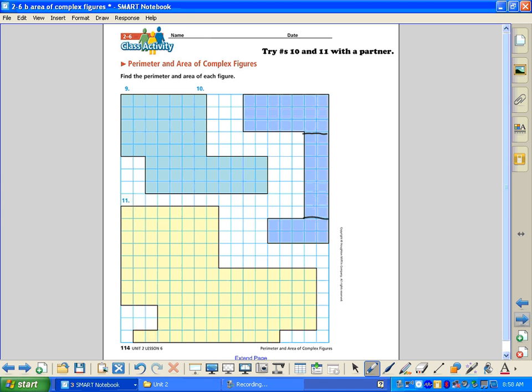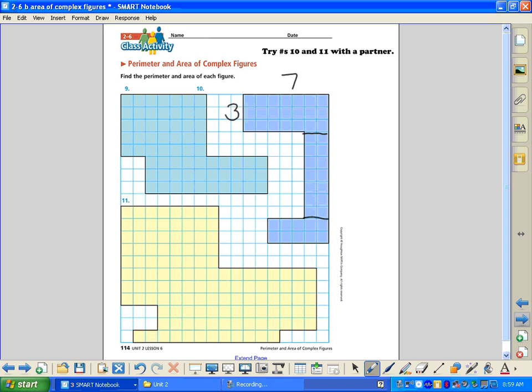Alright, so Ian divided his three boxes, and he's got 1, 2, 3 rectangles. What is the vertical height of the top rectangle? 3. What is the width? 7.